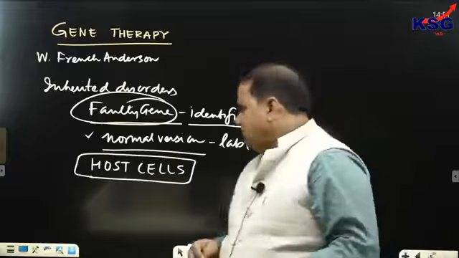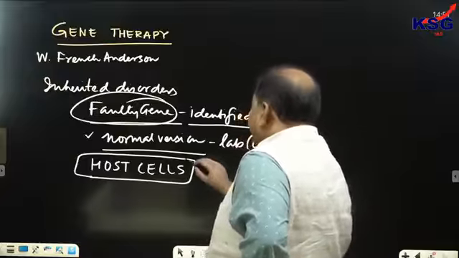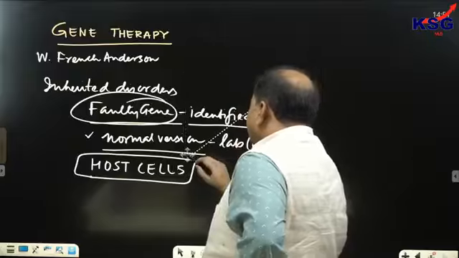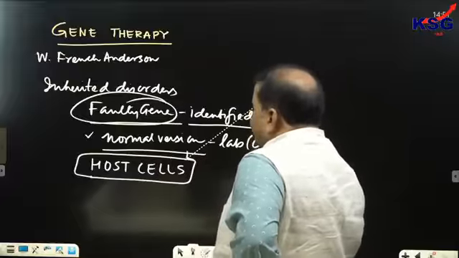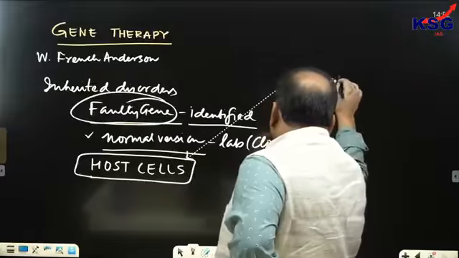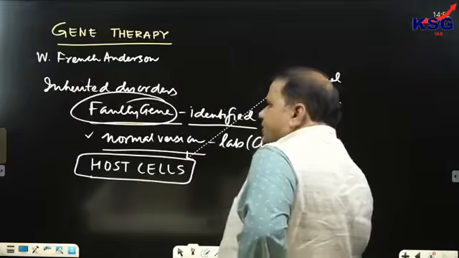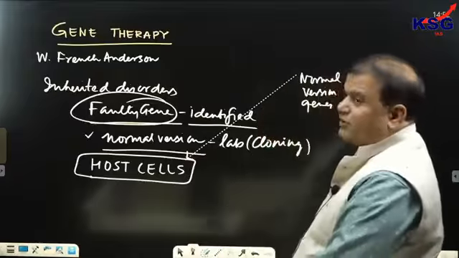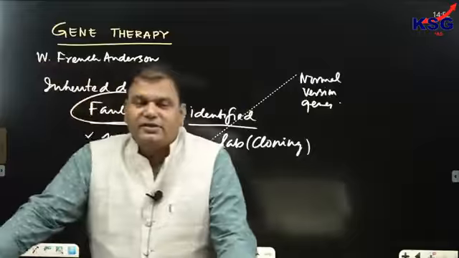Host cells are selected from the body of the patient, and normal version genes are transferred into them. Now, when you are transferring the normal version gene into the host cells, what would these cells be called?